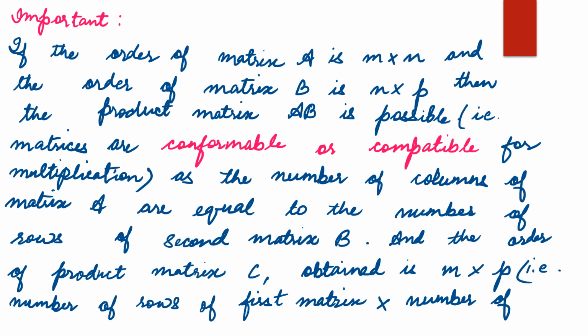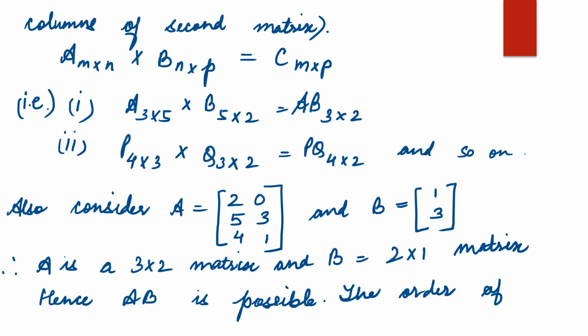So it is written A m by n into B n by p is equal to C m by p. The rows are taken from the first matrix and the columns are taken from the second matrix.